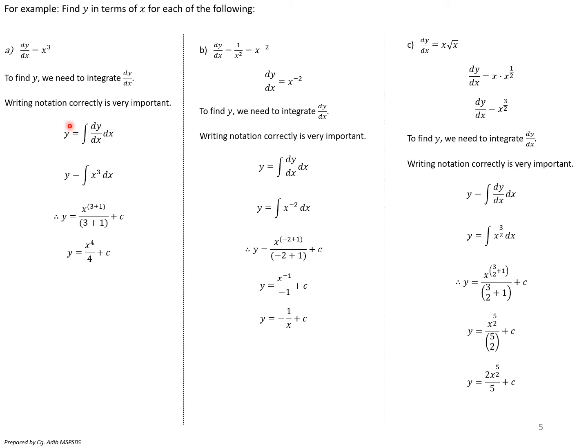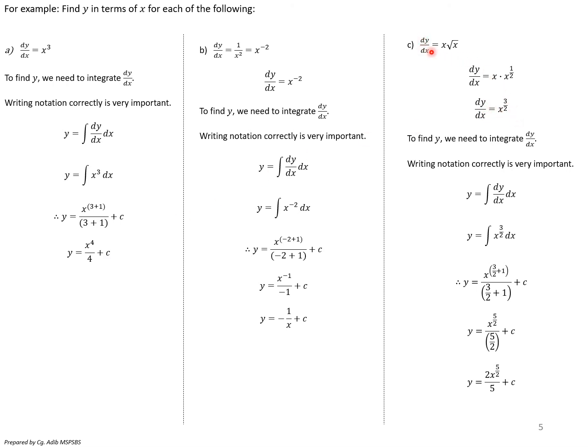So you can get y by integrating dy over dx with respect to dx. So what is dy over dx? It's x cubed. And then we go to the process of integrating. How? So the power, you plus 1, and then divide everything else with the power, with the plus 1. Then you add plus c, then you simplify. Alright? So done.